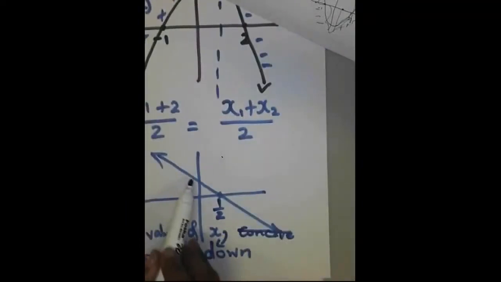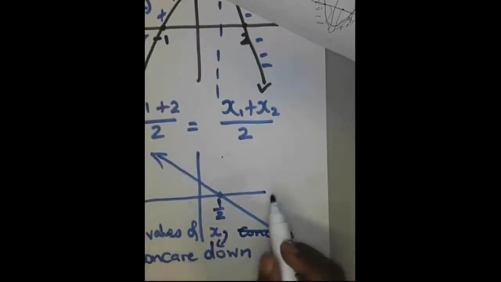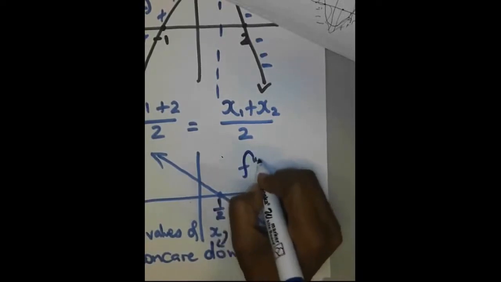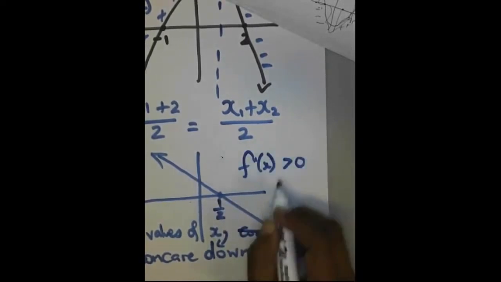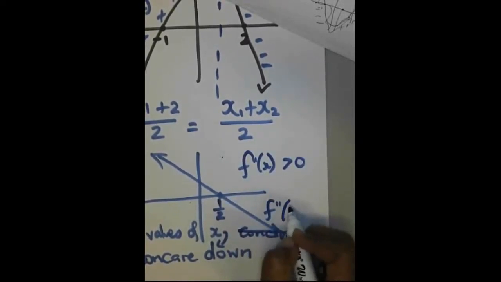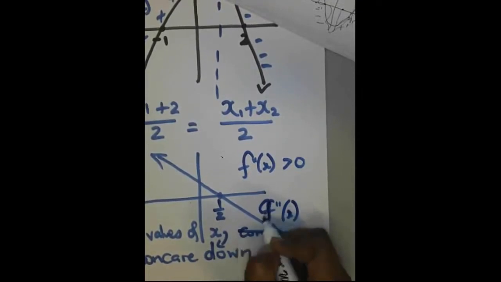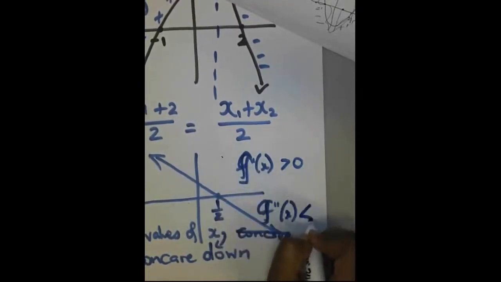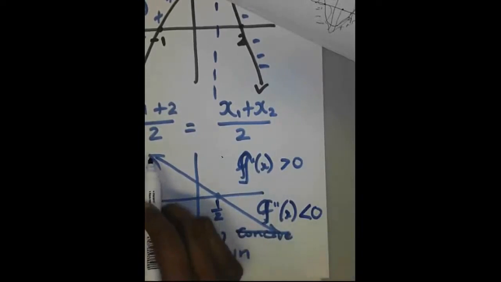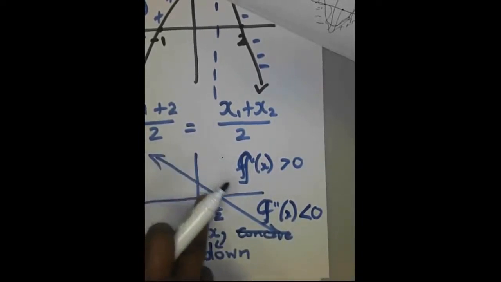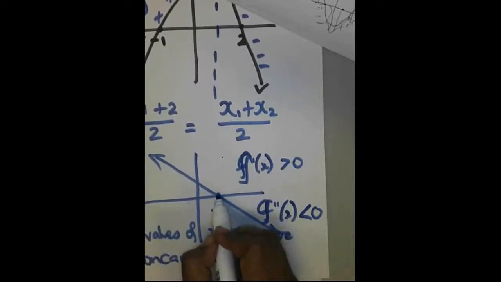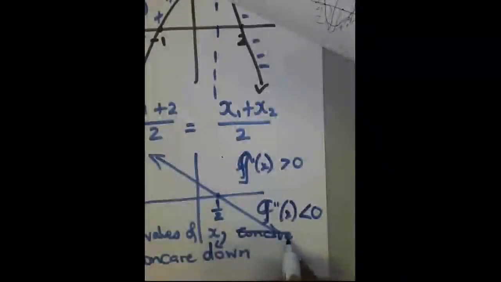Notice, it's positive on this side, and then negative. So the down part: g second derivative of x is less than 0. So it's concave up until I get to a half. It's positive. And then it becomes negative from there onwards.